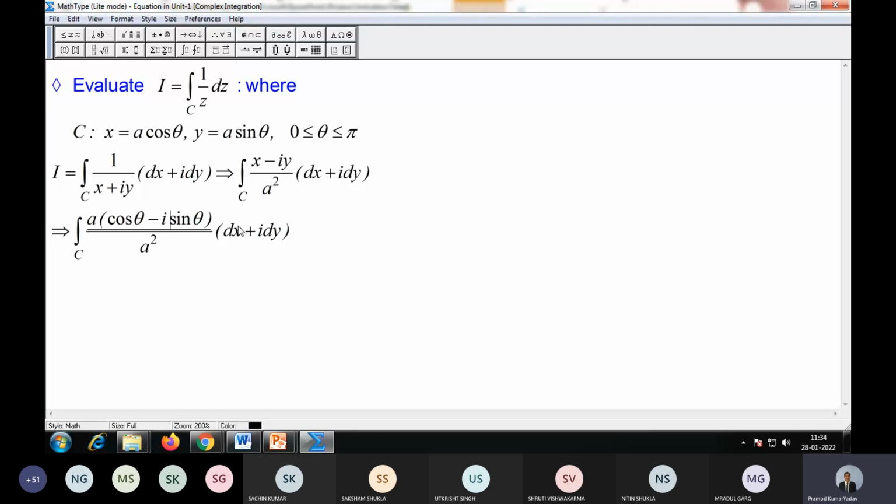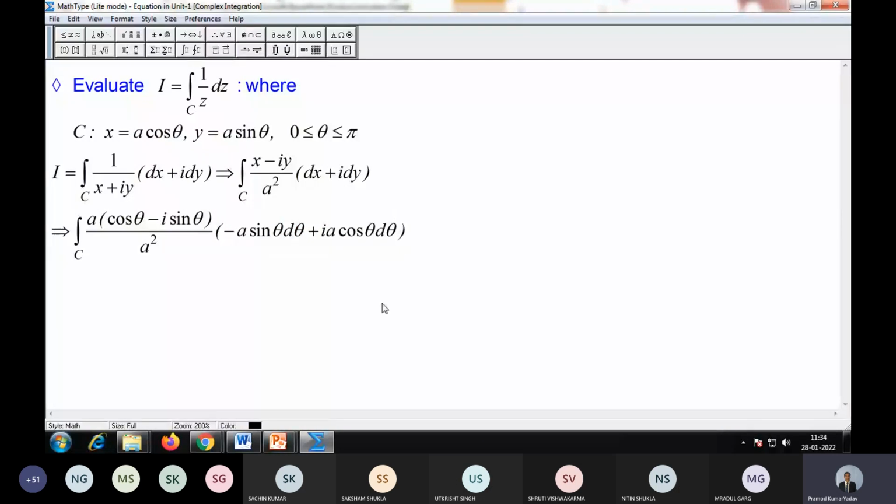And dx means, you know, x equal to a cos theta, then this means minus a sin theta d theta. And dy means a cos theta d theta.